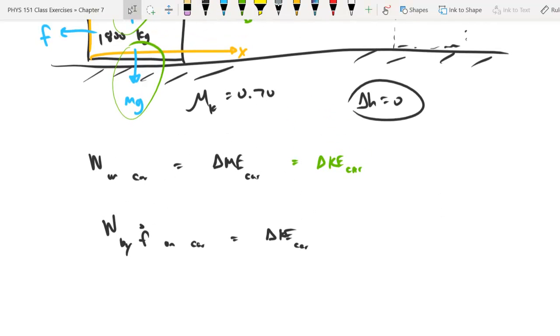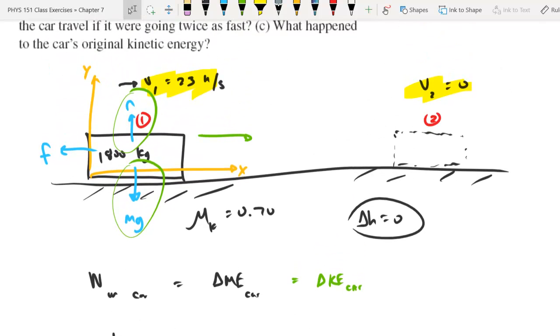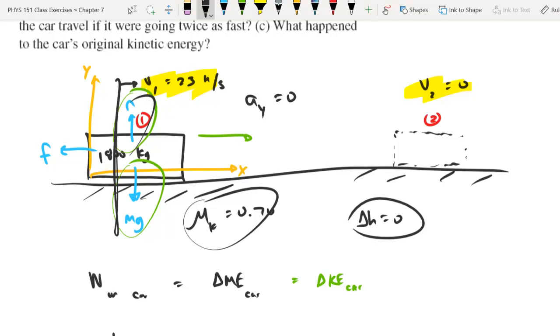So in order to find this frictional force, or the work done by friction, we need the frictional force and we need to know the displacement, right? Well, the frictional force we can find, because we need the normal force and we need the coefficient of kinetic friction. So summing the forces in the vertical direction, since the acceleration in the y direction is equal to 0, we have the sum of the forces in the y direction equal to 0, and it should be fairly obvious here that we'll end up with the normal force is equal to the weight.